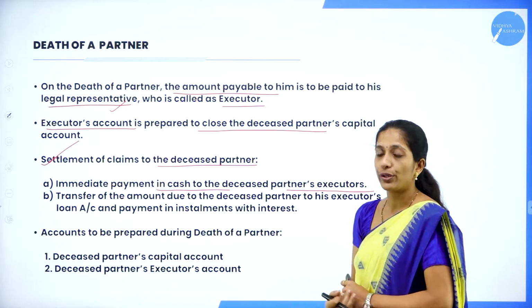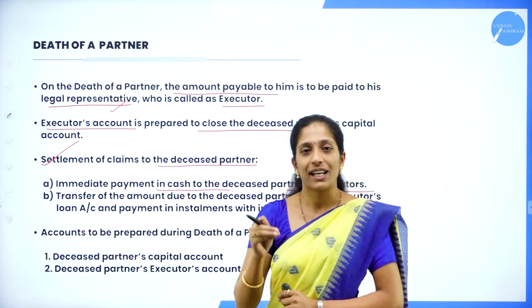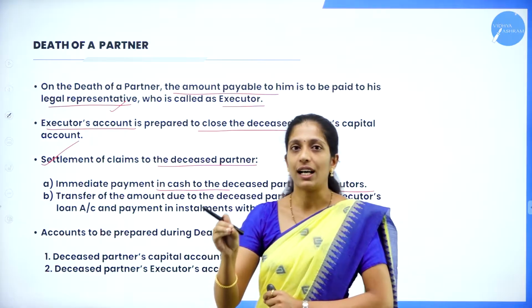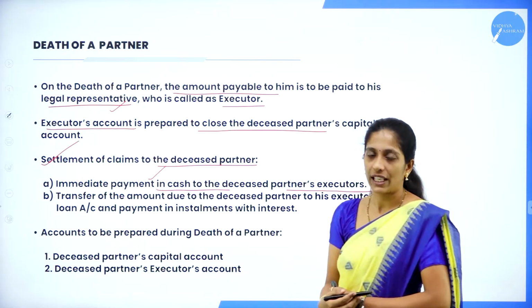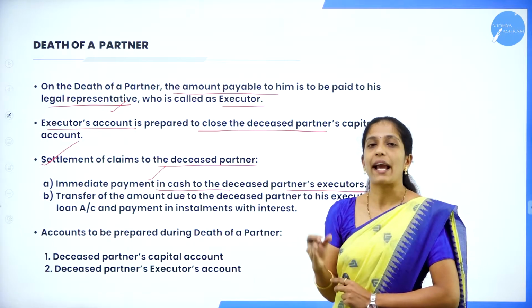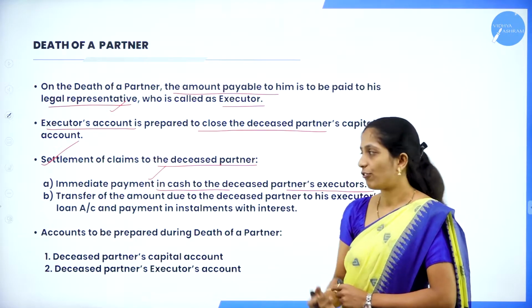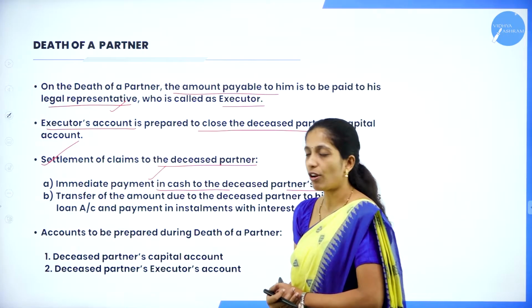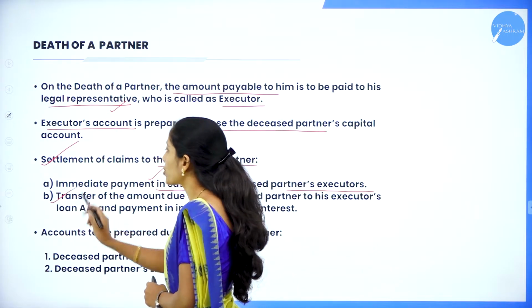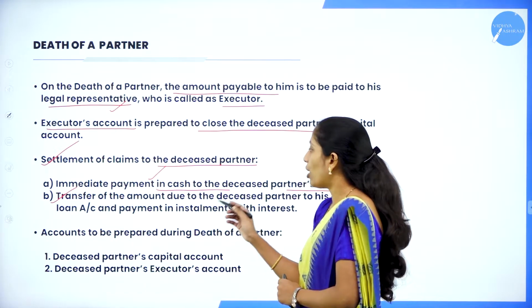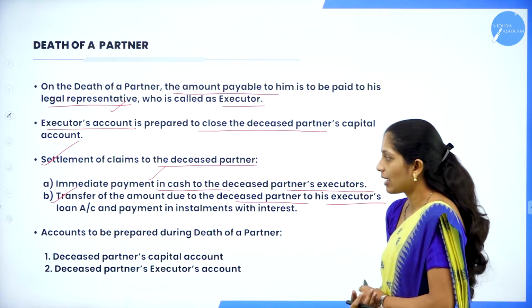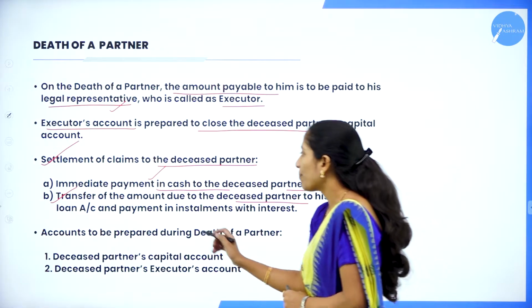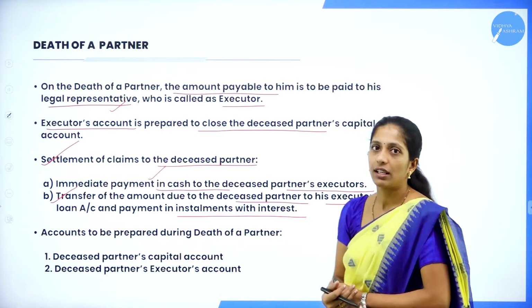As I've already told you, the amount payable will be paid to his executor, so the executor can be paid immediately in the form of cash. This is one option. The next option is transfer of the amount due to the deceased partner to his executor's loan account and payment in installments with interest.